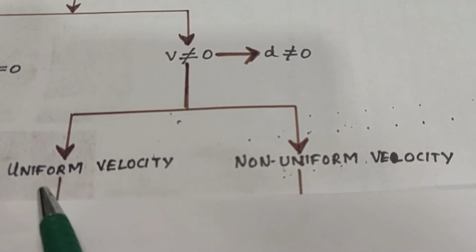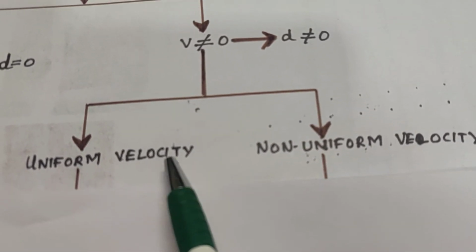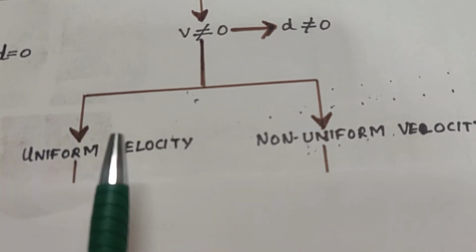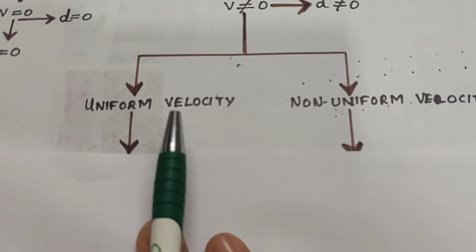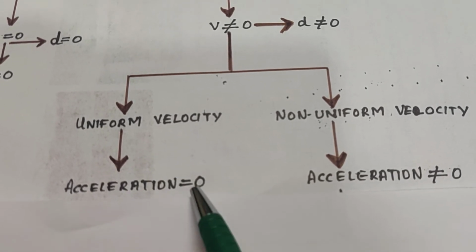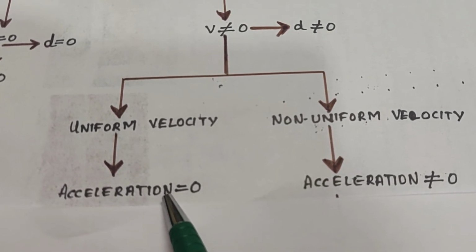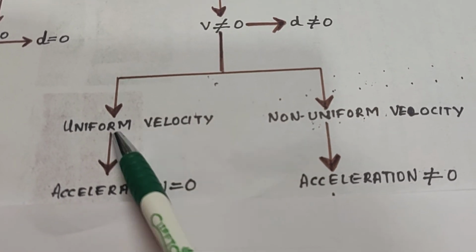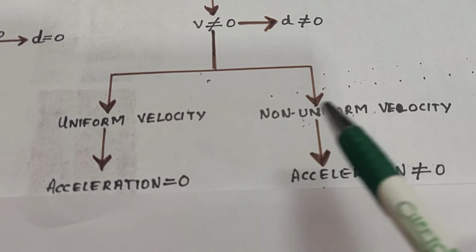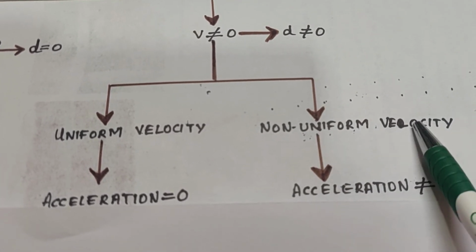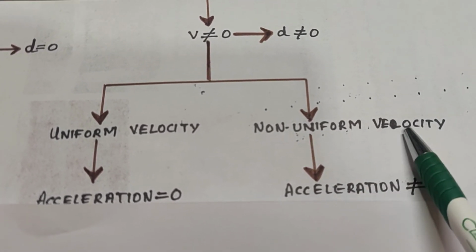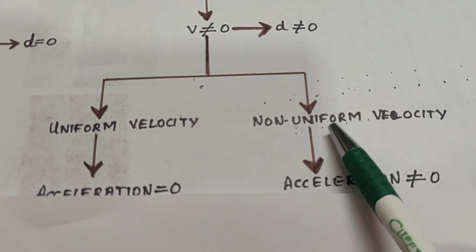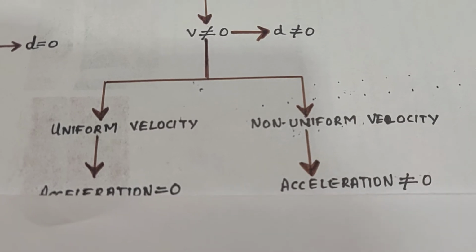So when velocity is uniform, there will be some distance covered because the object is moving, but acceleration will be 0. Why is acceleration 0? Because acceleration is simply the change in velocity per unit time, and uniform velocity means the same velocity every time. Non-uniform velocity means change in velocity, so there will be acceleration for non-uniform velocity. So this is the difference.